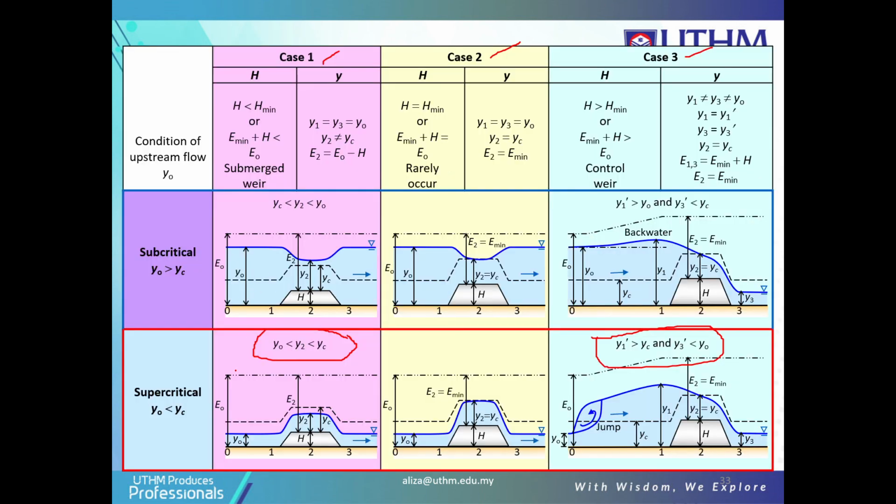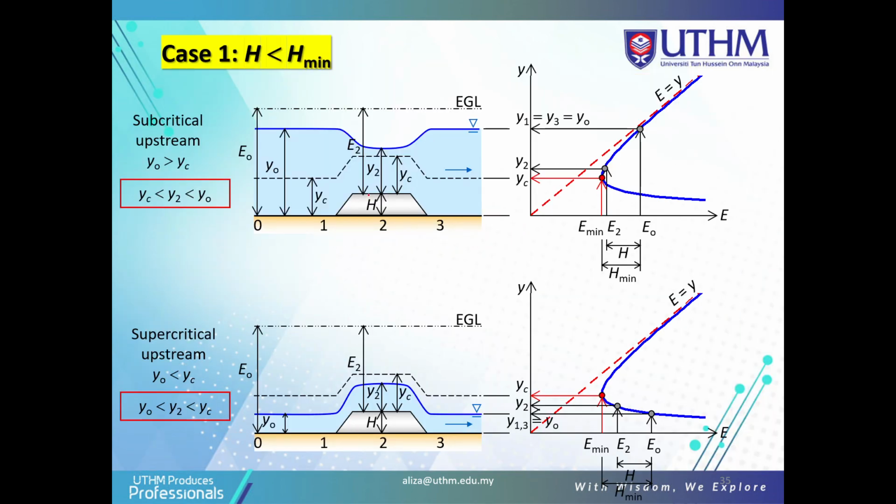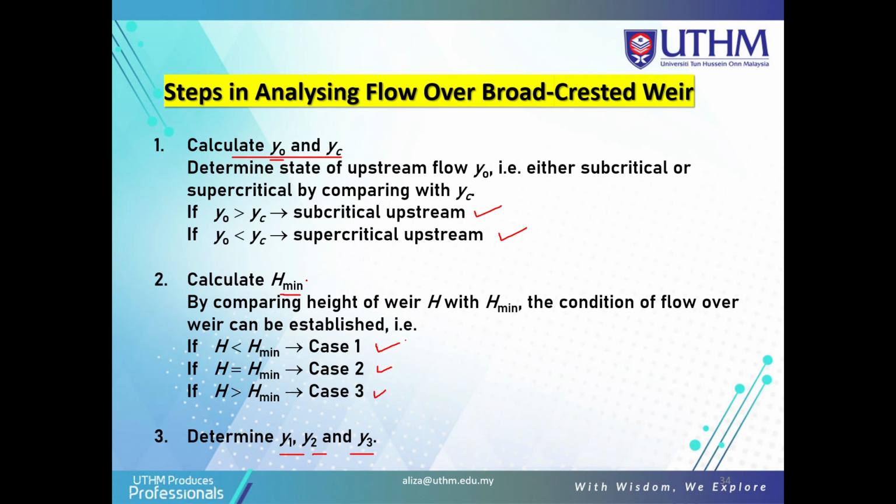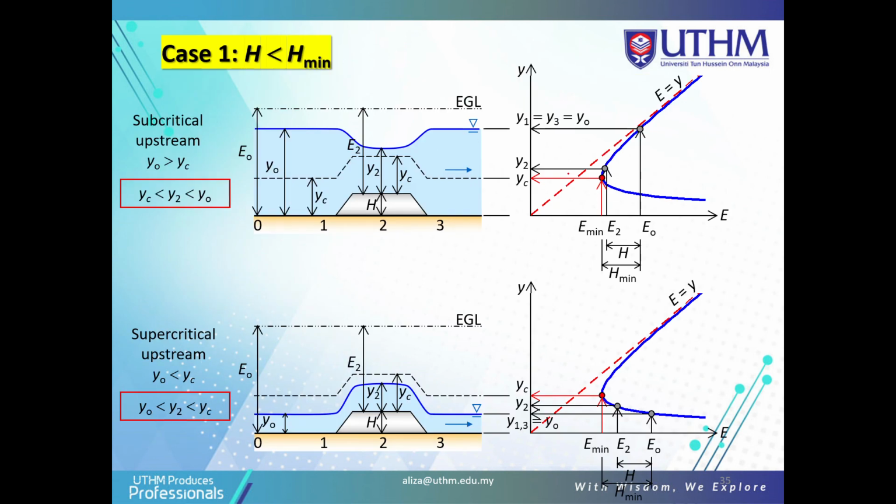For the subcritical and supercritical cases, I put them here, based on case 1, and we'll explain more in this slide. So this is case 1, subcritical upstream. For supercritical upstream, with y naught less than yc, y naught is less than y2, which is less than yc.